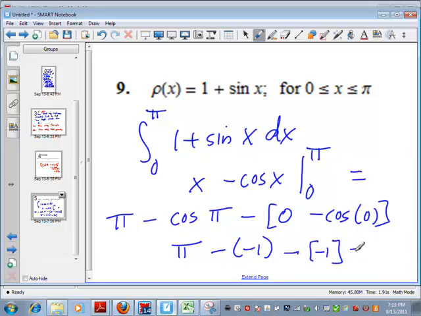I'm sorry, I shouldn't have changed that. The cosine of 0 is 1, so it's minus 1, and then a minus in front of it. Negative cosine pi is positive 1, and the other one is positive too, so it's pi plus 2.